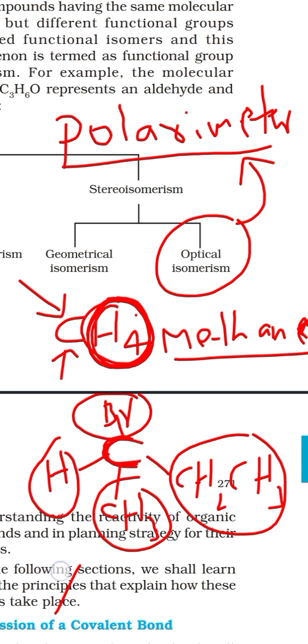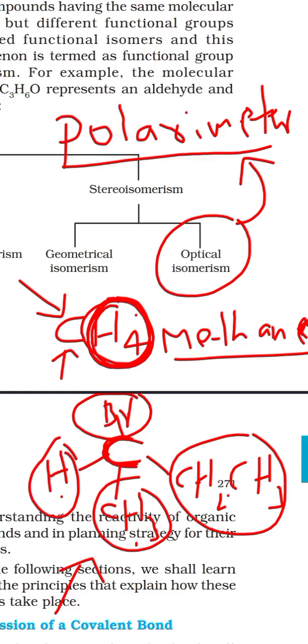It has a carbon with four different groups: hydrogen, bromine, methyl and ethyl. This type of molecule, where the carbon has four different groups, is called an asymmetric molecule.